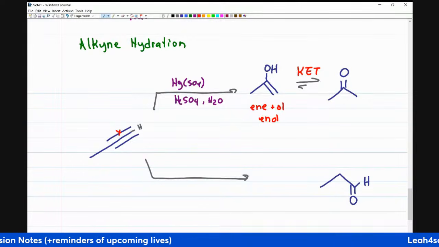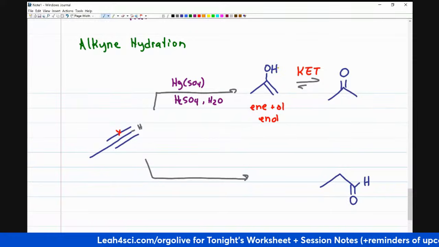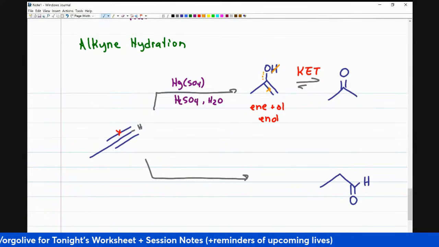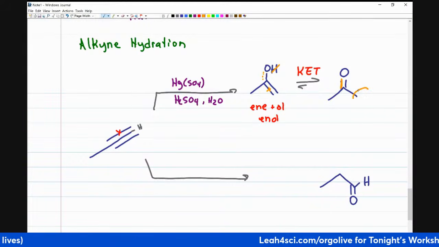Enols are not very stable, and they will tautomerize. I have a mechanism video on this if you want to see it in detail, but ultimately what happens is this hydrogen comes off, you form a pi bond here from this pi bond having moved, and then you just replace a hydrogen there, giving you this right here and an extra hydrogen on the side, which we'll just assume is there based on skeletal structure.